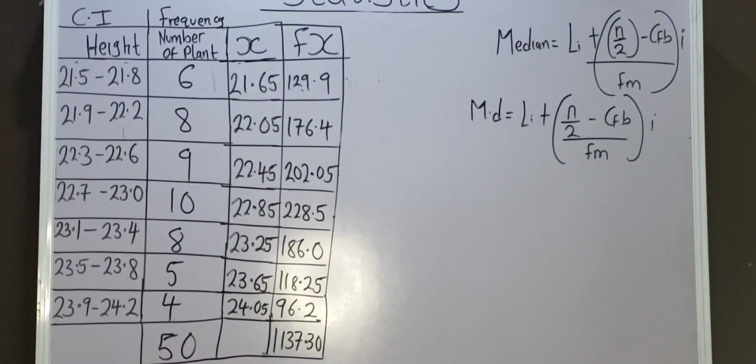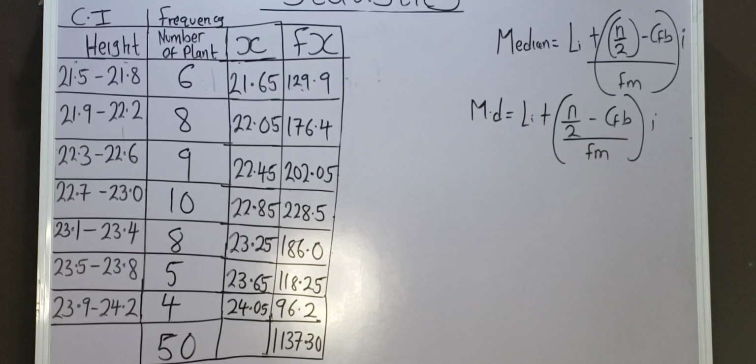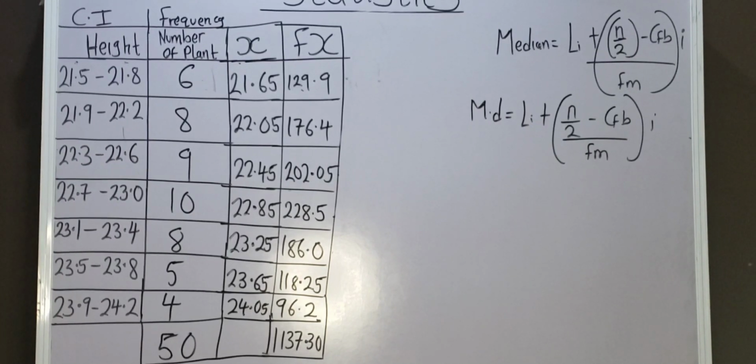Now, from this formula, let me start by telling you the parameters that we have in the formula. The Li that you see in that formula stands for lower class boundary of the median class. Okay, write it down. And N is the total number of frequency.